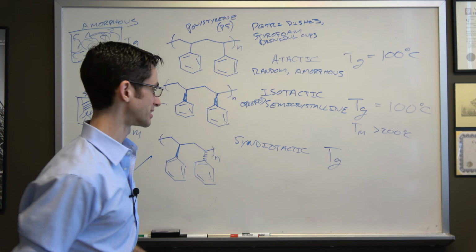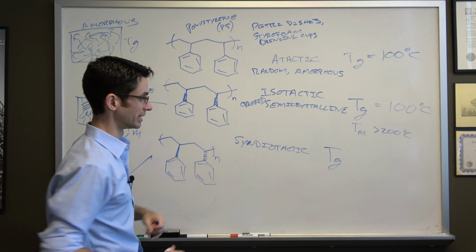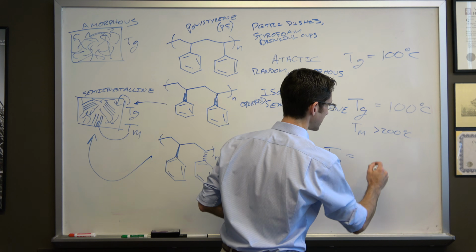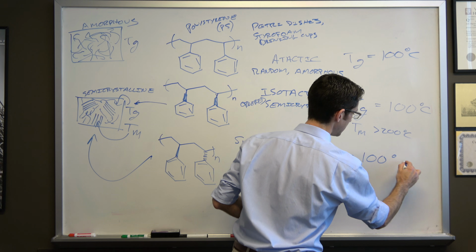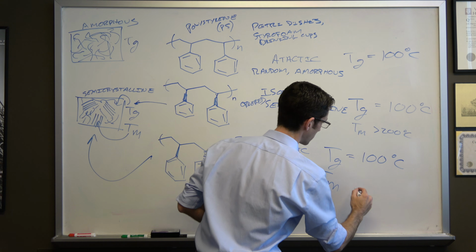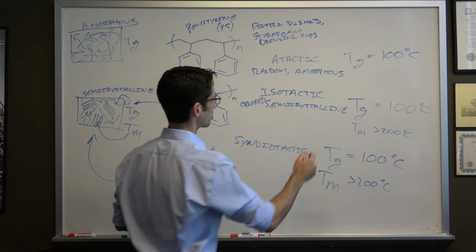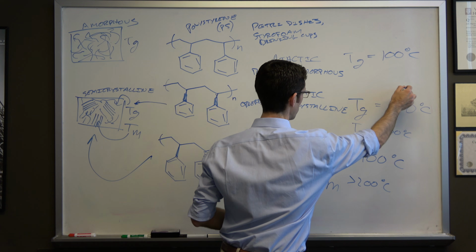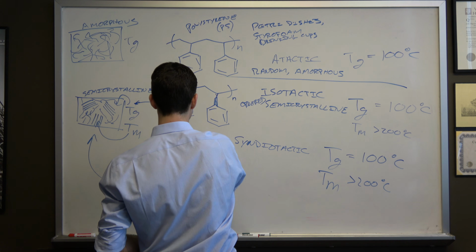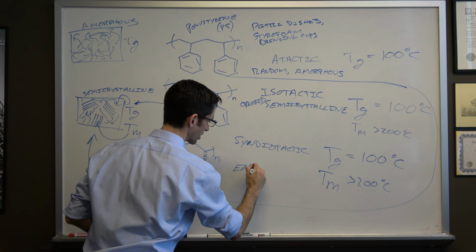But suffice it to say for now that there's always some amorphous domains. So the glass transition temperature is again around 100 C, and the melting temperature again is greater than 200 C. These are called engineering plastics. This is an engineering plastic.